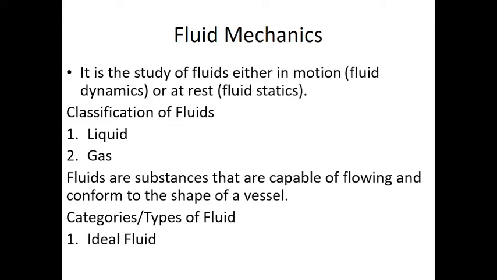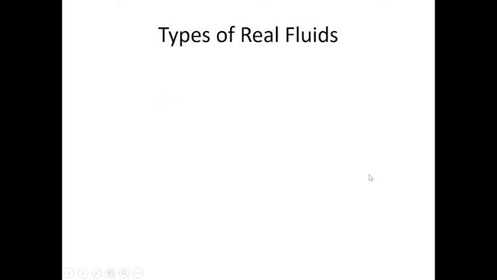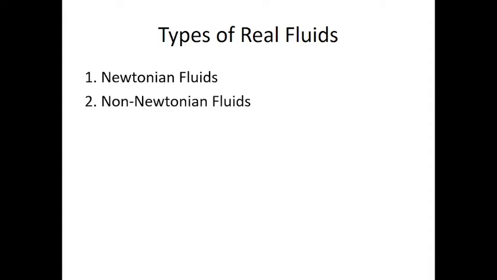So there are categories or types of fluid. The first one is the ideal fluid. The second one is real fluid. We'll talk about that in detail pag nakarating tayo sa module 3. Types of real fluids: we have Newtonian fluids and non-Newtonian fluids.